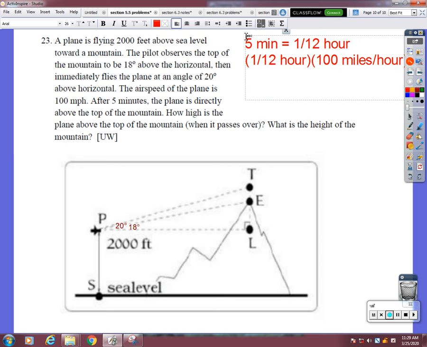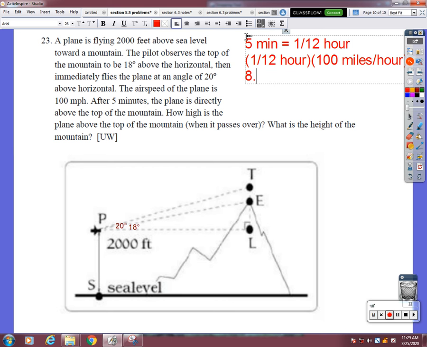And so that means that the plane has traveled 100 divided by 12, which is 8.33 miles.